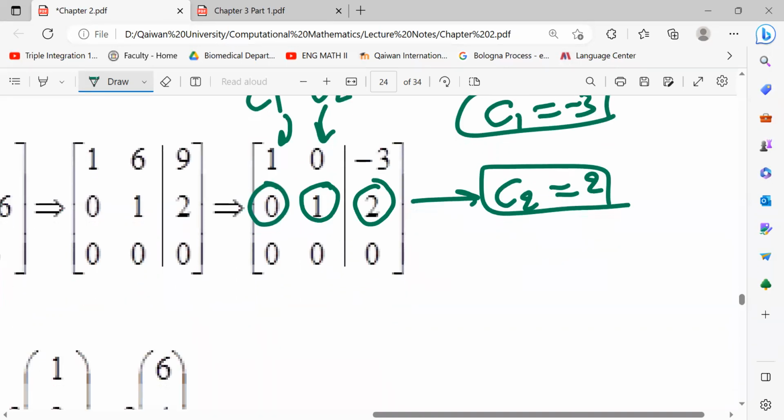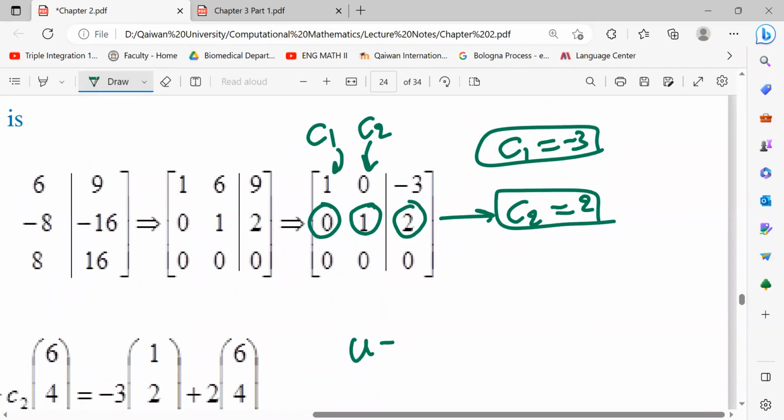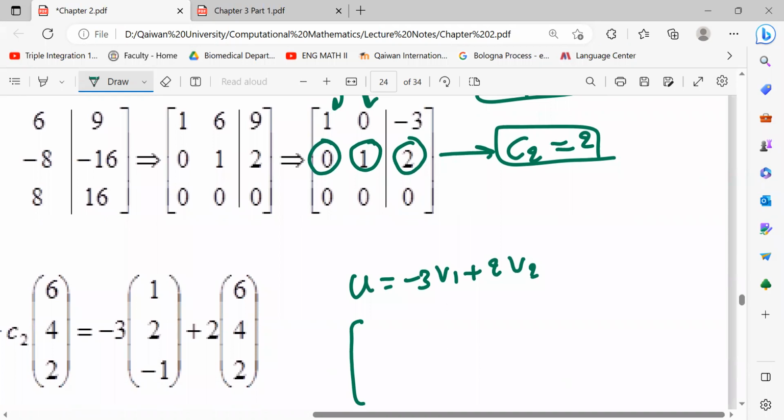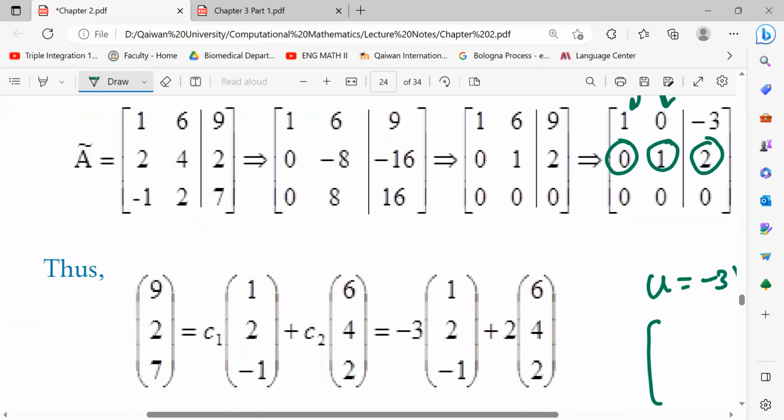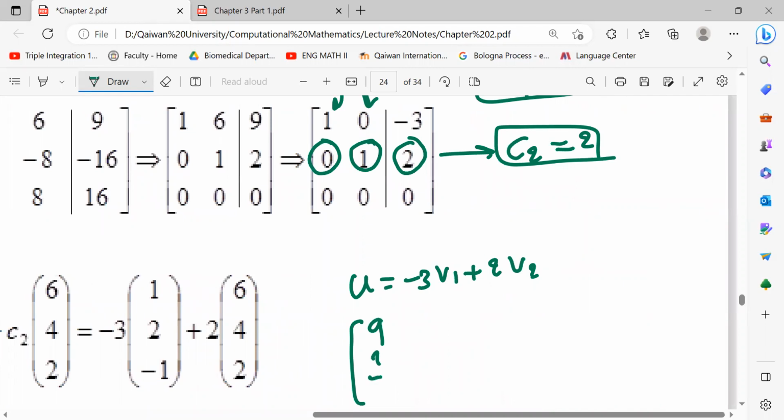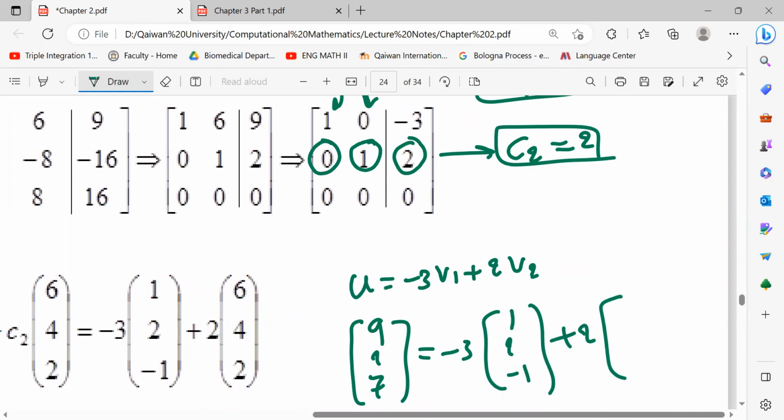Now, just write them down. You say U is -3 V1 plus 2 V2, since C1 is the coefficient of V1. So what's U? U, which is 9, 2, 7, is -3 times 1, 2, -1 plus 2 times 6, 4, and 2.